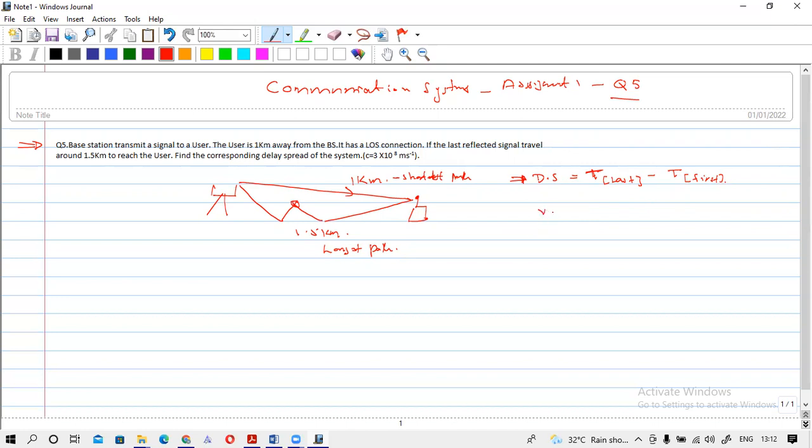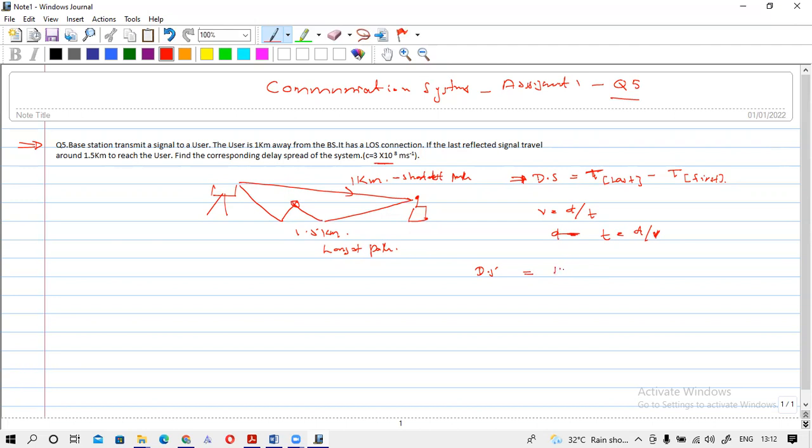We know that the speed is equal to distance by t. So t is equal to distance by velocity, speed. So here you are given the velocity, and here you are given the distance. So you can find this very easily. So the spread should be the arrival time for the last component, that means the longest component.